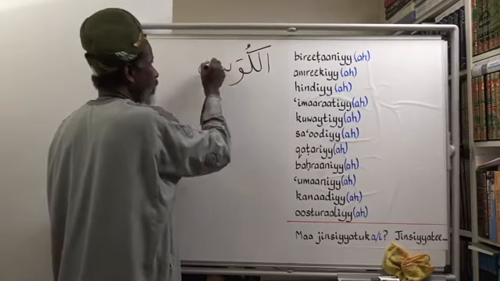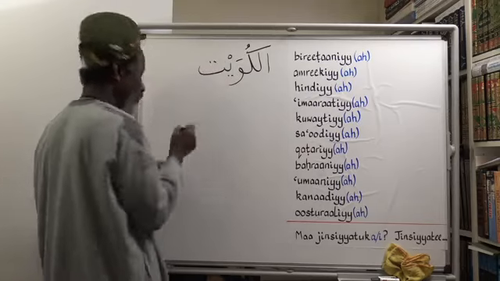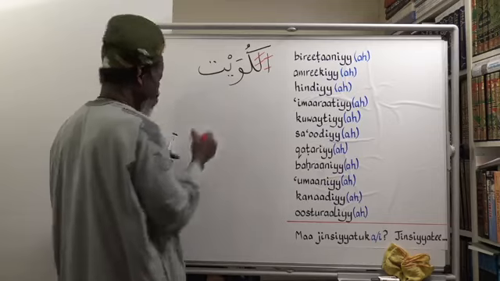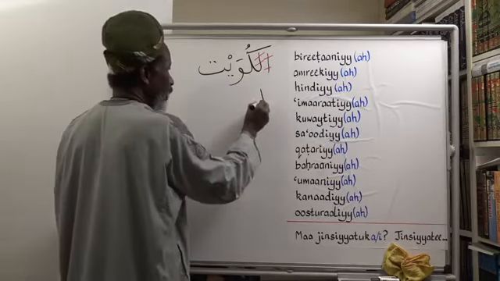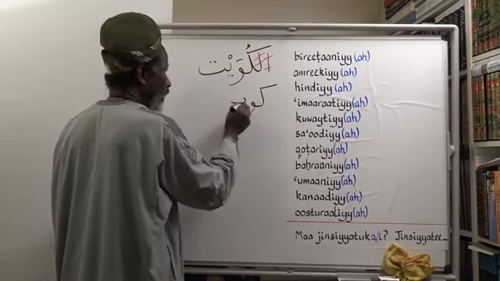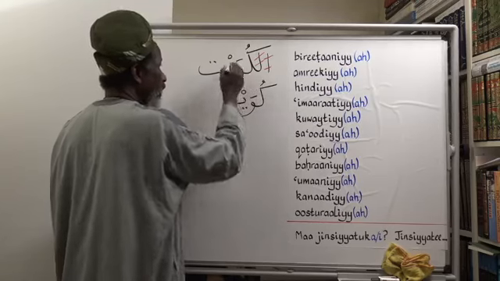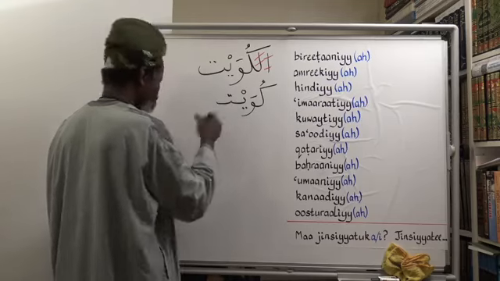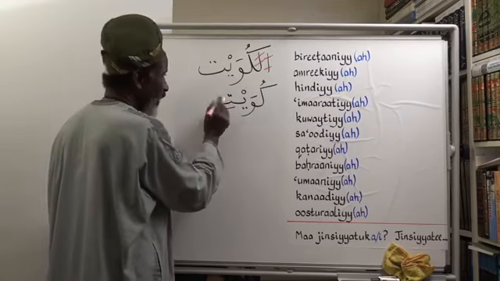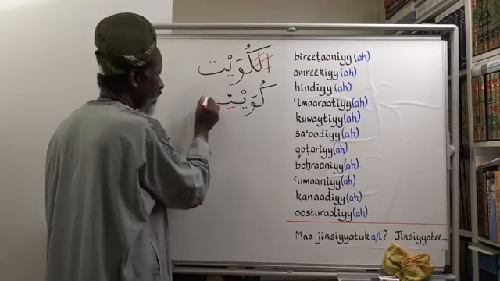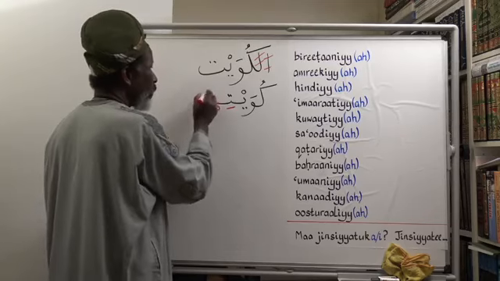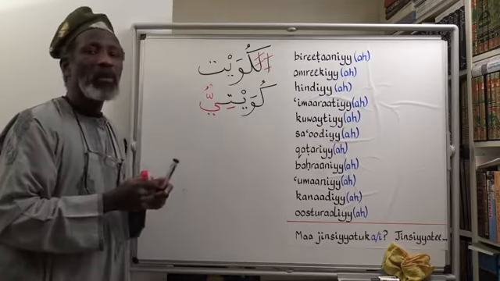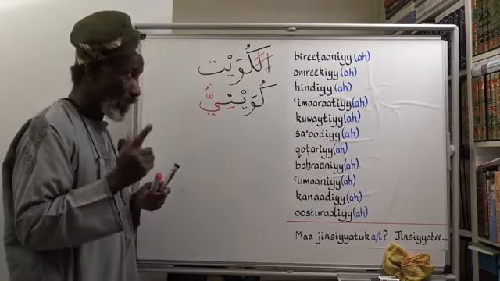Here you remove, as has been explained, the alif wa lam, and you end up with Kuwait. Now the last letter, which is now ta, you need to put kasra there and add the ya with shadda. Kuwaitiyun now becomes Kuwaiti. That's a male.